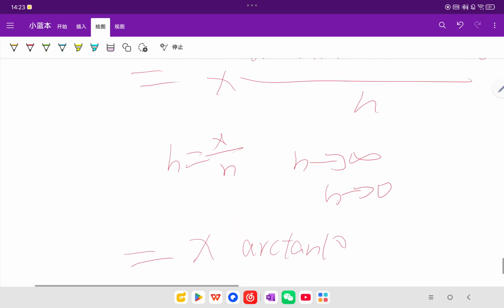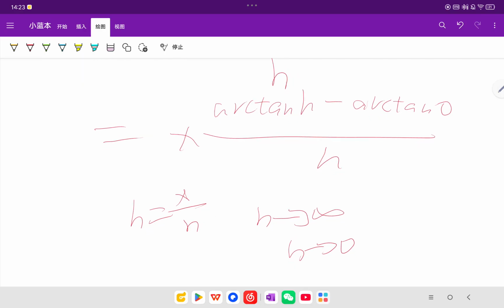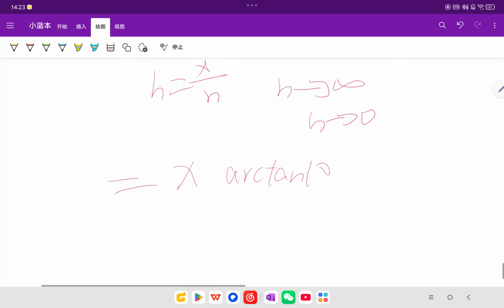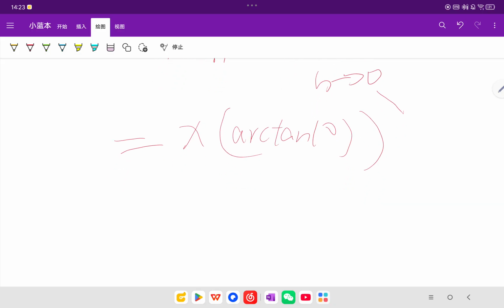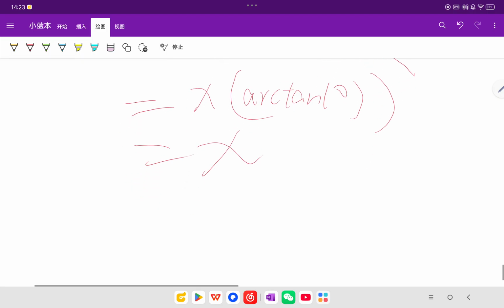Now the derivative is defined at 0, and we let h tend to 0. So we have arctan prime at 0. Prime means derivative, right? So we now have x left.